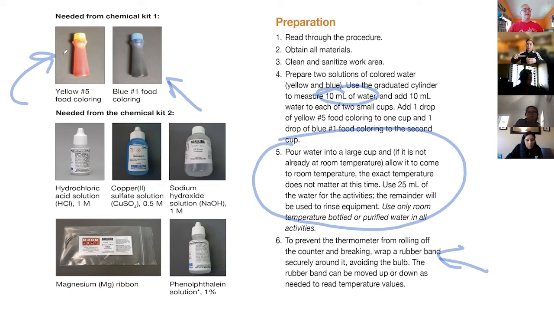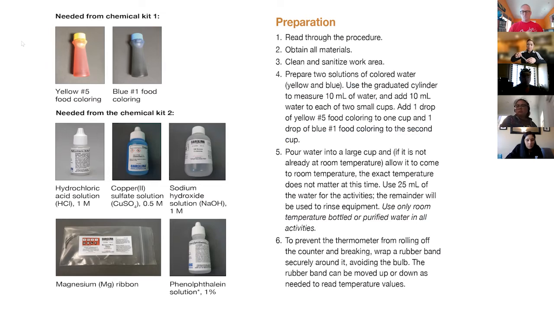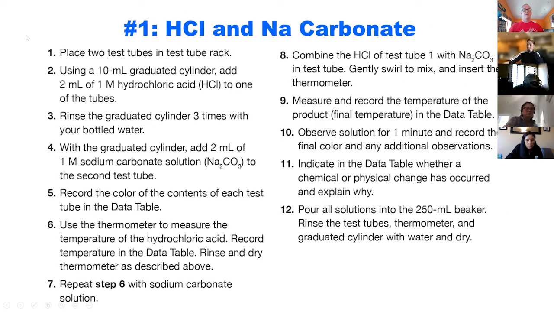Right, let's have a look at some of these reactions we're going to do. All right, so the first one is looking at hydrochloric acid, which is HCl, and sodium carbonate. So we have two test tubes. About 2 mils of the 1 molar hydrochloric acid.